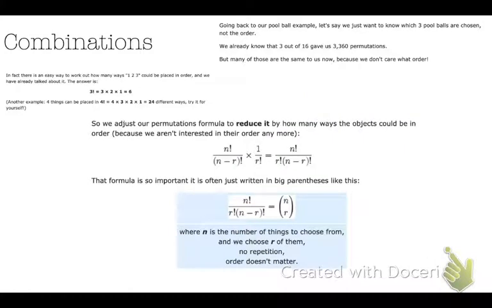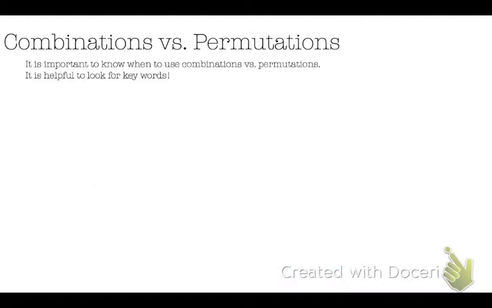So to adjust our permutations, to reduce it by the number of orderings that we aren't interested in anymore, it just changes our formula from the permutations to combinations, where we have an R on the outside. Okay, so we just have to reduce it by that number of the ones that we don't care about repeating. Okay? Let's go through some examples.